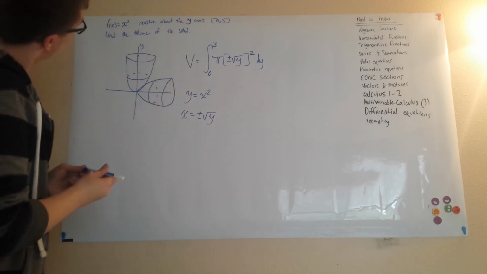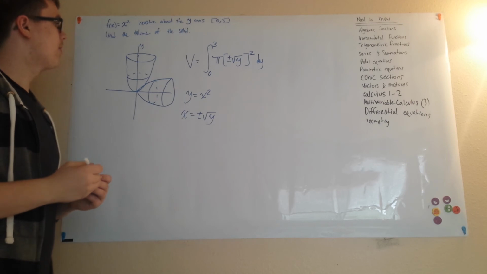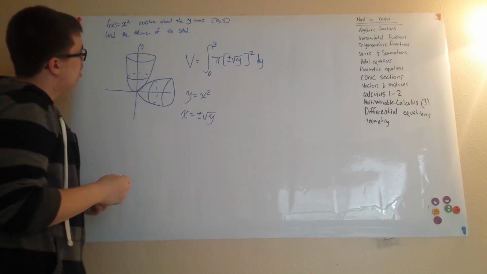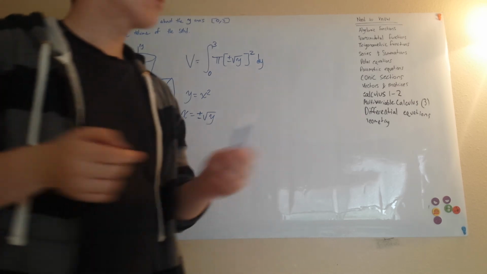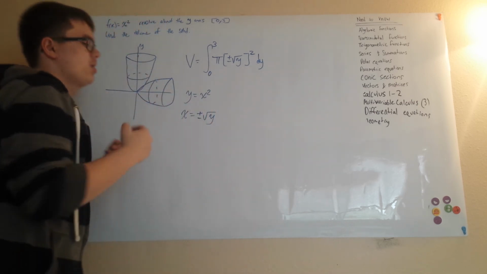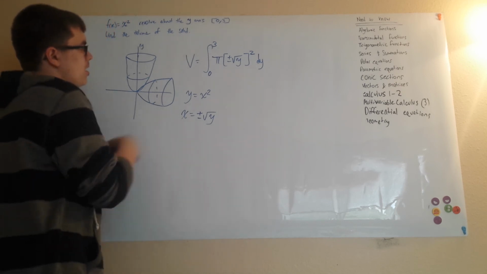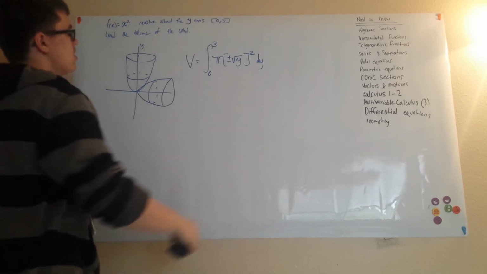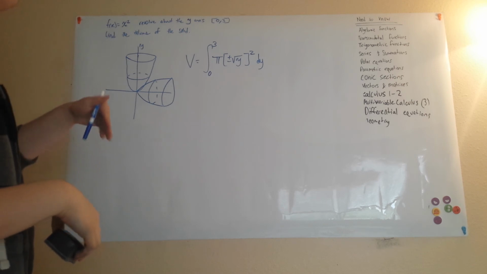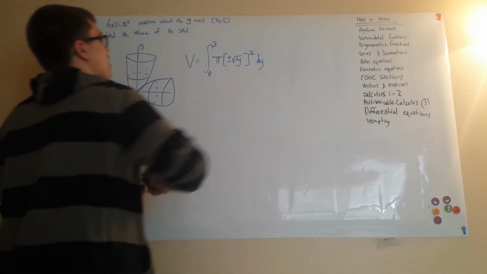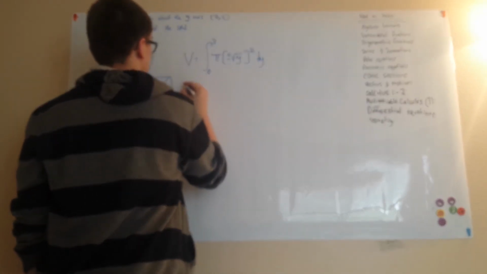Well, the volume should be the same as this one, right? It should, and it is. I'm just showing you a different way that questions can be phrased. So, the volume is the integral from 0 to 3 of pi times the square root, plus or minus. What's the square of something that's plus or minus? It doesn't matter, it's still plus.